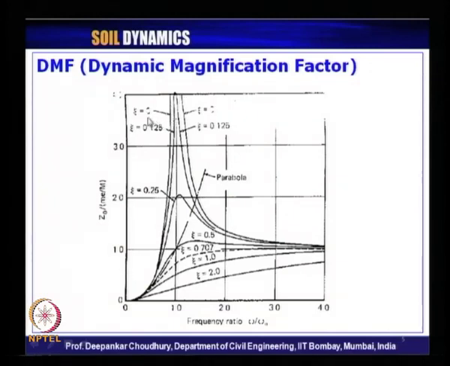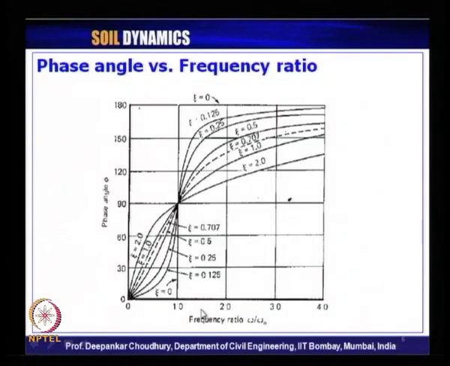And these are the patterns for different damping ratios. For damping ratio equal to 0, that is for the undamped case, at frequency ratio 1, we get the value as infinity, but for a damped system, that is non-zero values of damping ratio, we get a finite maximum value of this DMF at r a little above 1.